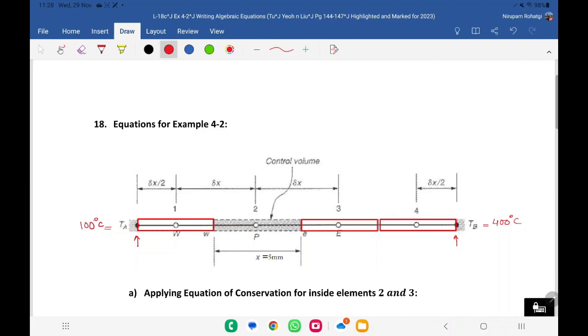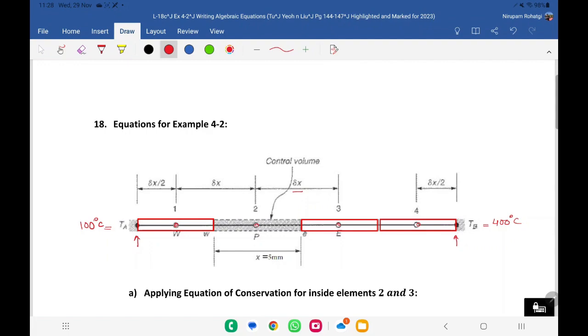They are your control volumes. They have a thickness of delta x, and you can say a depth of 1 meter, or unit depth and unit height. And these are the 4 centroids, and on these 4 centroids we'll be finding the values.